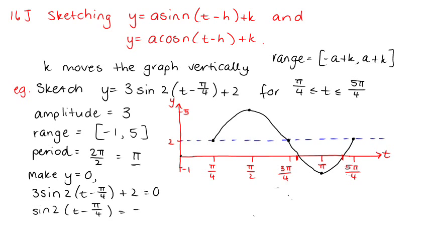So we took over the 2, get negative 2, and then we divide by 3, we get negative 2/3. Right, now we're going to use what we learnt in 16i and try and find the angle for which it gives us negative 2/3. So we're going to take this sine over, it becomes inverse sine. It's just some rearranging.